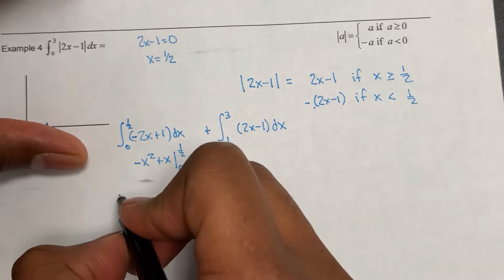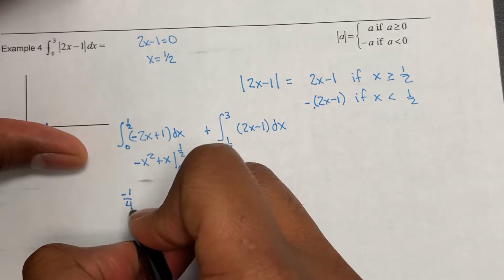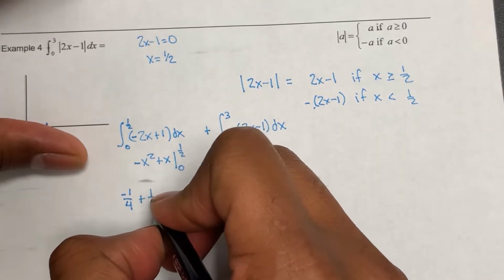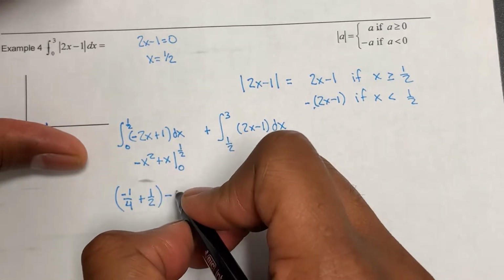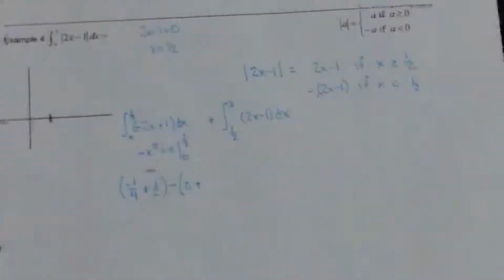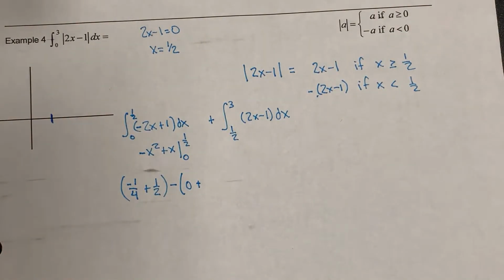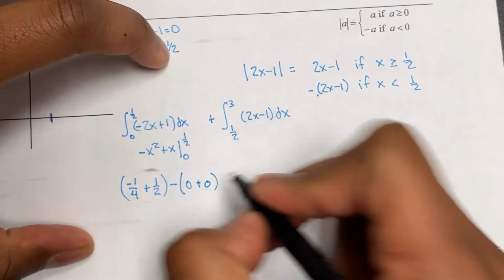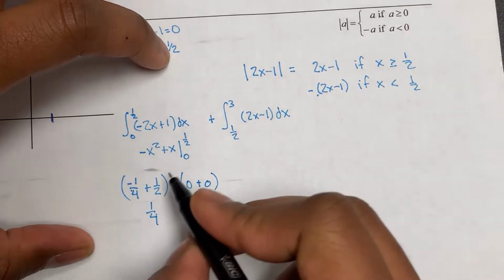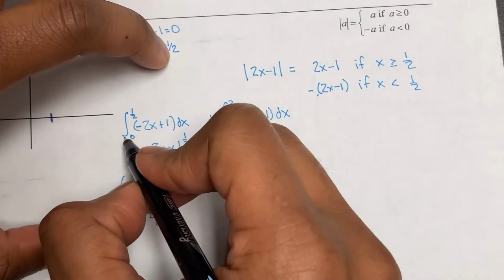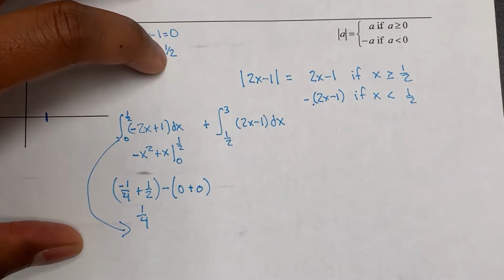When we substitute in a half, we will get negative 1/4 plus a half, minus, when we substitute in 0, we will have 0 plus 0. So negative 1/4 plus a half is just 1/4. So this first integral gave us a result of 1/4.